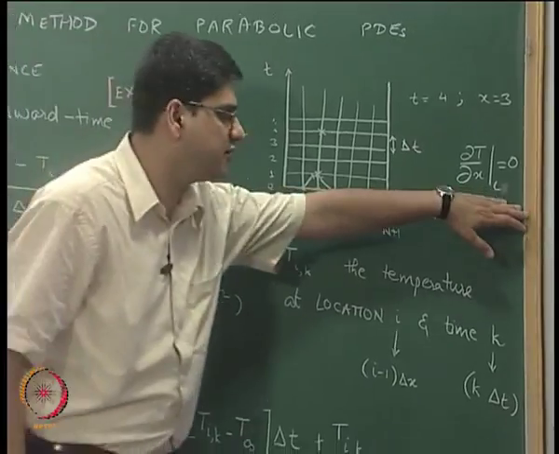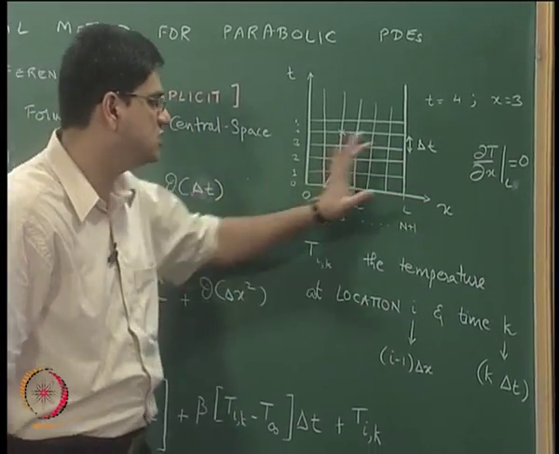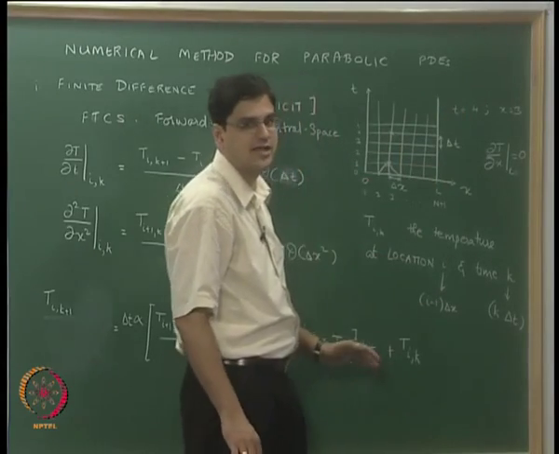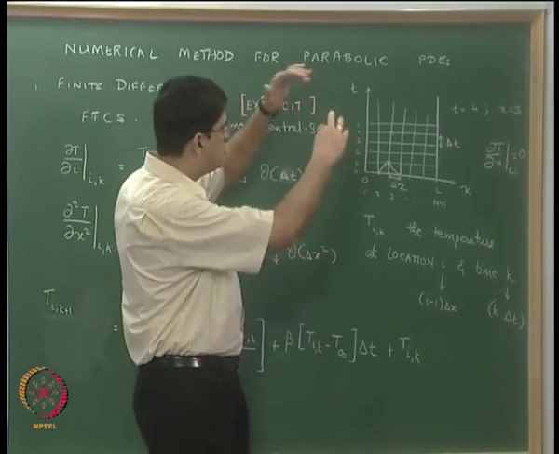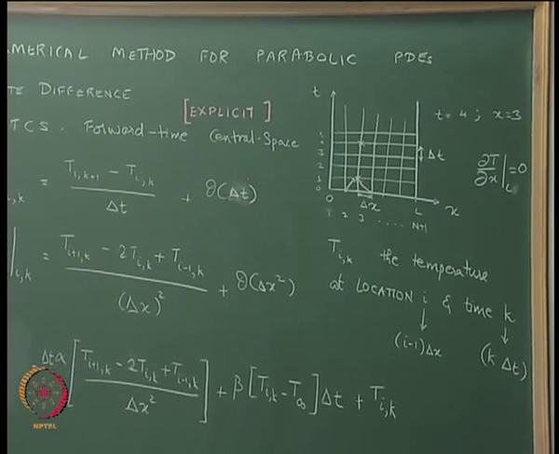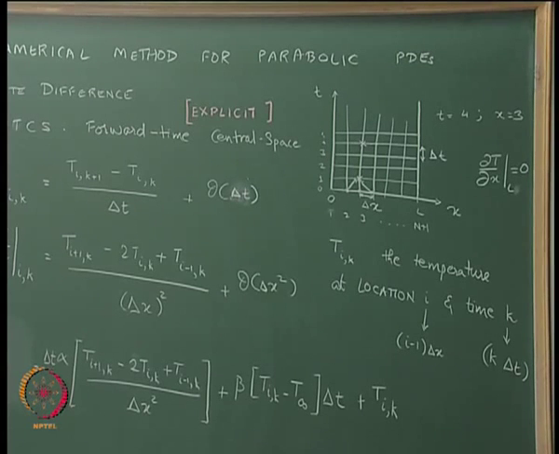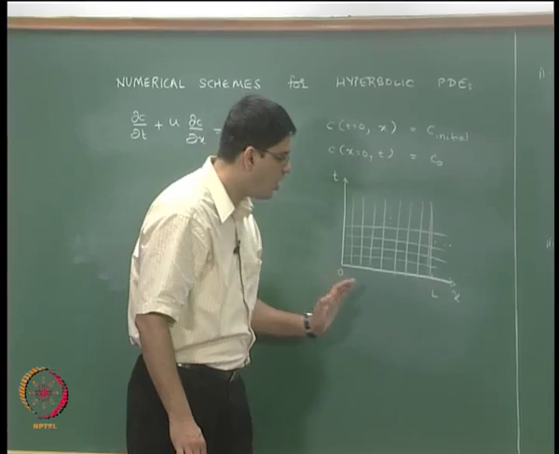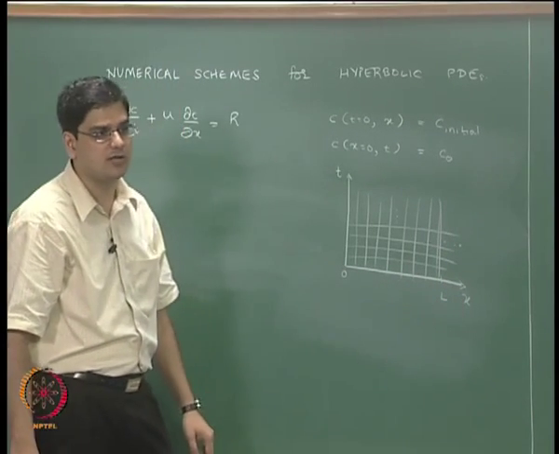Because of this boundary condition, the solution stops at L and is only going to evolve along the time t. On the other hand, in case of the hyperbolic equations, the solution can evolve either along time t or along length L.